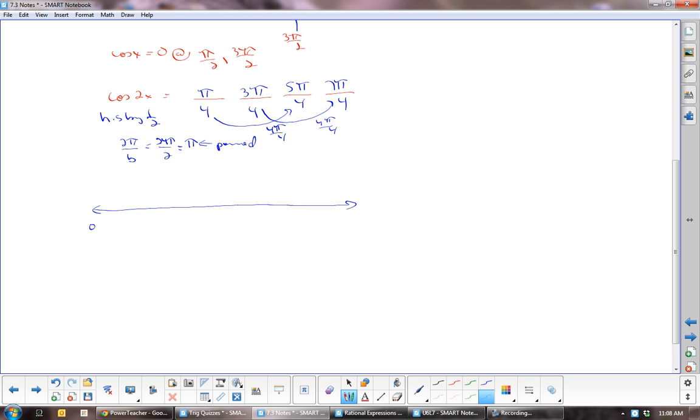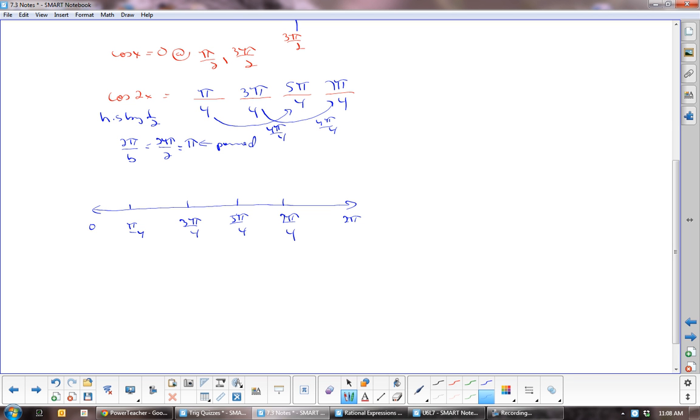So we do have 0 here, and we've got 2 pi over here. So let's get these down. We got pi over 4. We got 3 pi over 4. I got 5 pi over 4. And 7 pi over 4.